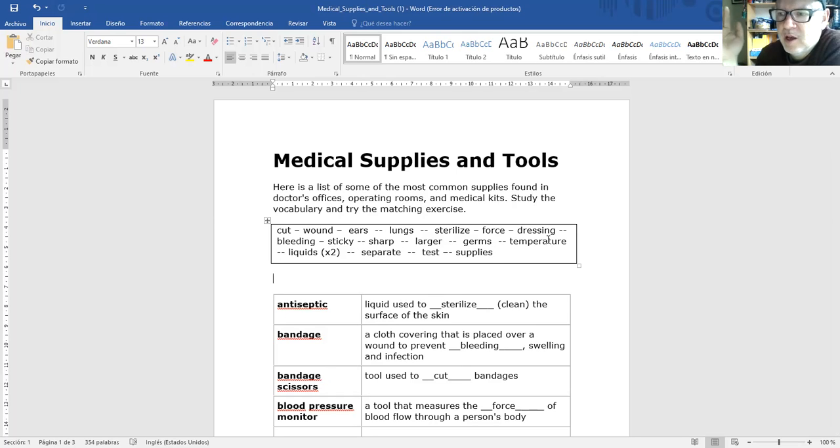Una especie de vestidura de heridas. Bleeding. Sangrado. Sticky. Pegajoso. Sharp. Con punta, filudo. Larger. Más grande. Germs. Gérmenes.